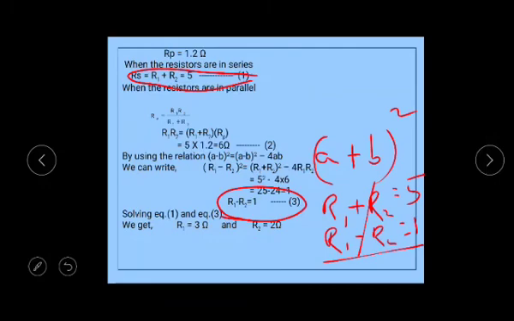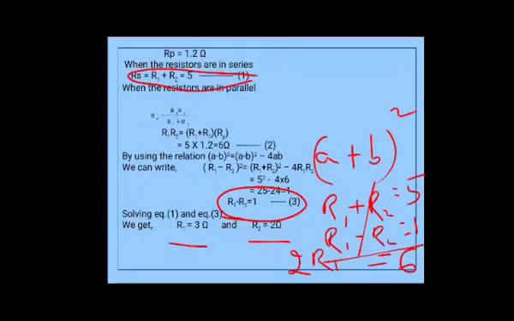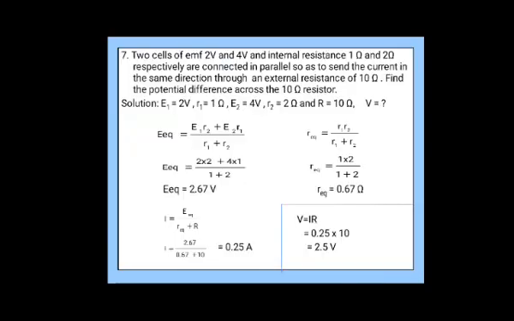R1 plus R1 is 2R1, is equal to 5 plus 1 is 6. So R1 is equal to how much? 3 ohm. Now substitute it in any one equation. You will get R2 value as 2 ohm. Is it clear? So R1 value is 3 ohm and R2 value is 2 ohm. So you got the values of two resistors.